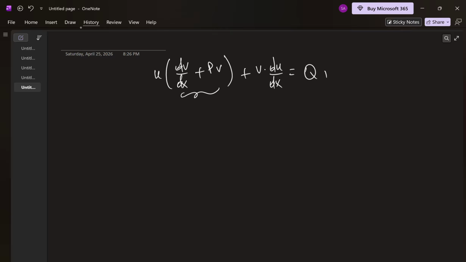Now we have seen that this part is equal to 0, so what remains is this part, v times du over dx is equal to q.